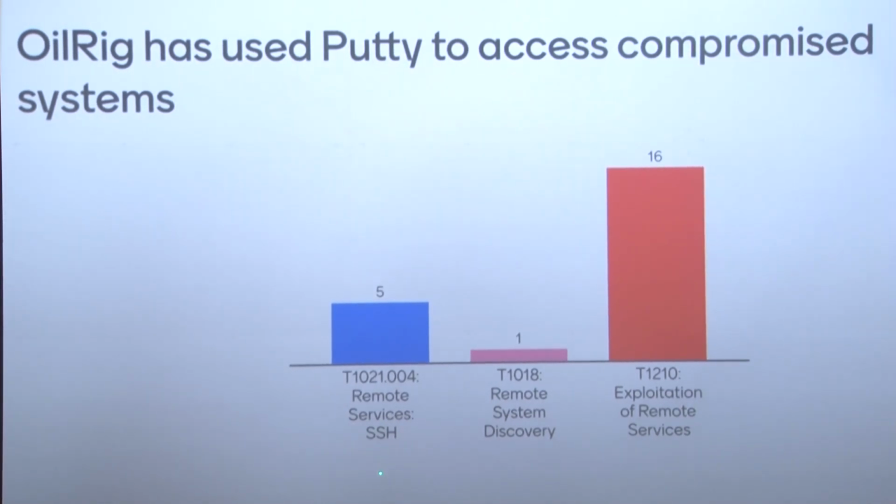One is SSH, where they are not doing anything special with the remote service, they are just accessing it as we do. And the third option is remote system discovery, which I guess we discussed, where they list out what remote systems are connected in the victim. So, this will not be the option. Is the difference between these clear?